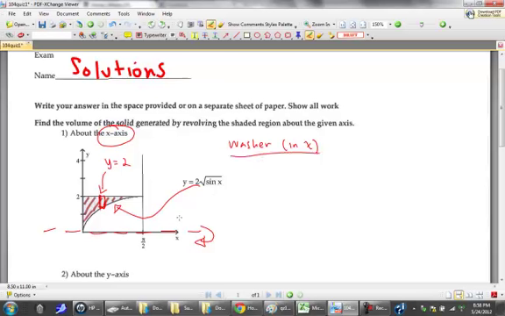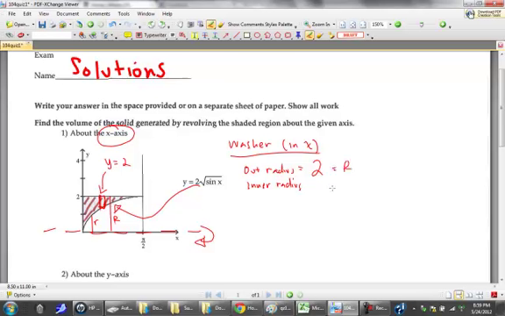So there is an outer radius, which is the distance up to the outer curve, which is a constant 2. Call this capital R. There's an inner radius, we'll call this lowercase r.